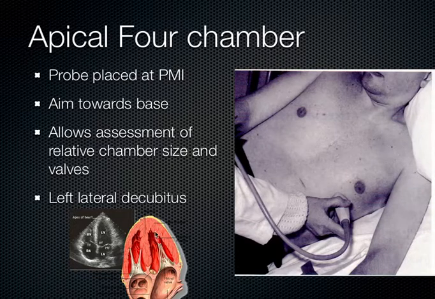This is a nice view to compare the chamber sizes, because here we see the left ventricle, the right ventricle, the left atrium, and the right atrium. On the left side of the heart, we can see the mitral valve, and on the right side, the tricuspid valve. But notice how the right ventricle is about 2/3 the size of the left ventricle. And that's normal.